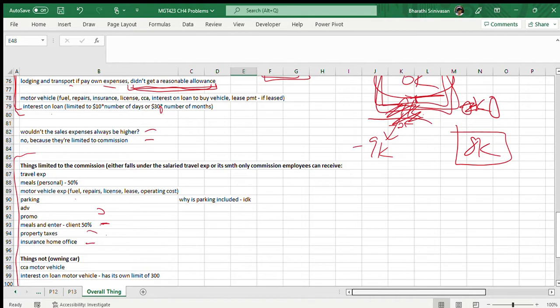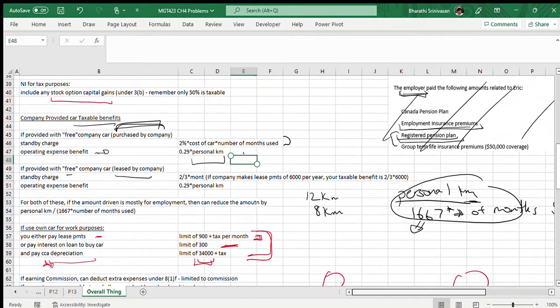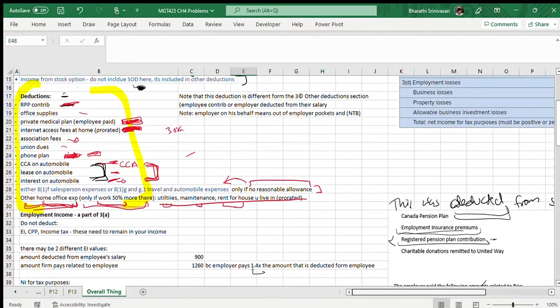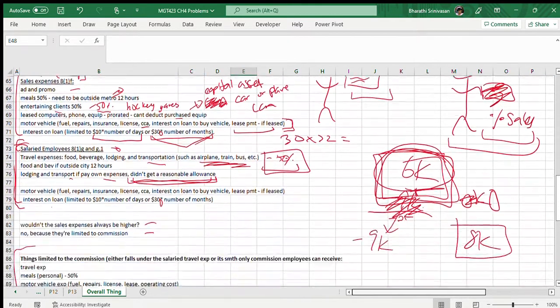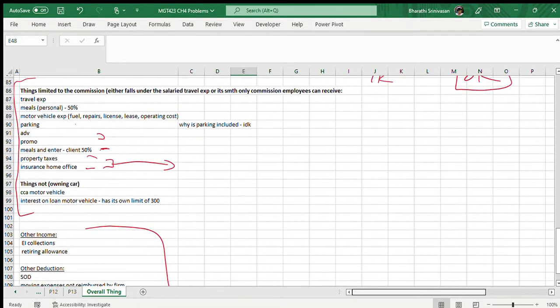So one thing over here is, remember up top where we said that if you worked from your home more than 50% of the time, you can deduct all these expenses. One thing about being a salesperson is that if you're a commission employee, you can also deduct your property taxes and your insurance for the home office. You can't do this if you are a normal employee.